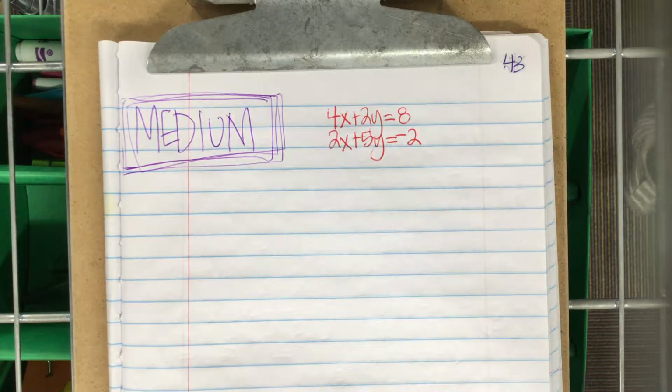Is there something I can do to the x's? Is there something I can multiply by that would make the x's equal? Or is there something I can multiply by to make the y's equal? Because here's the deal. In the easy problems, we didn't have to change anything.